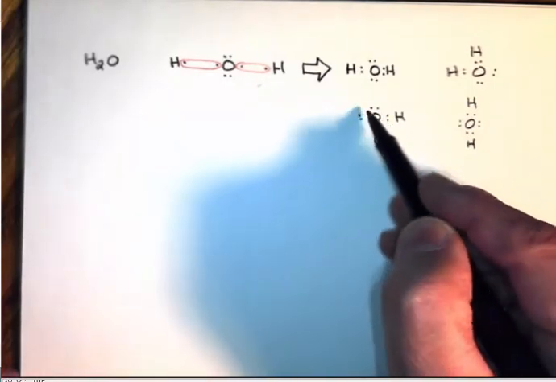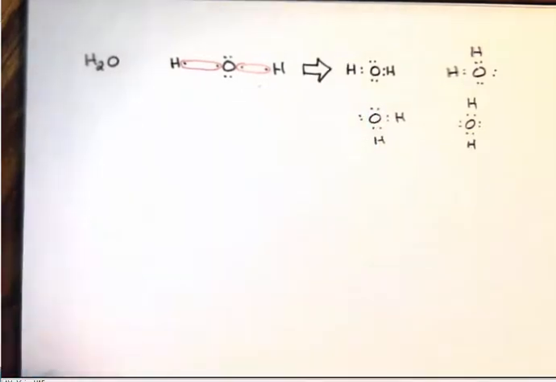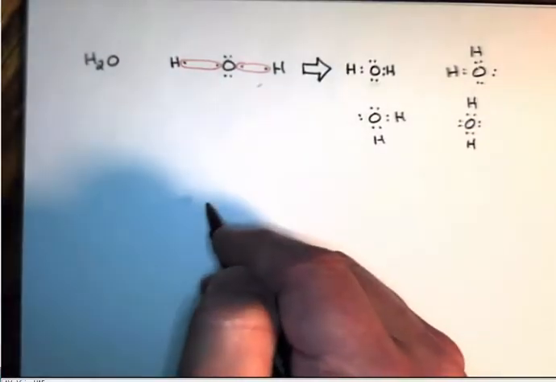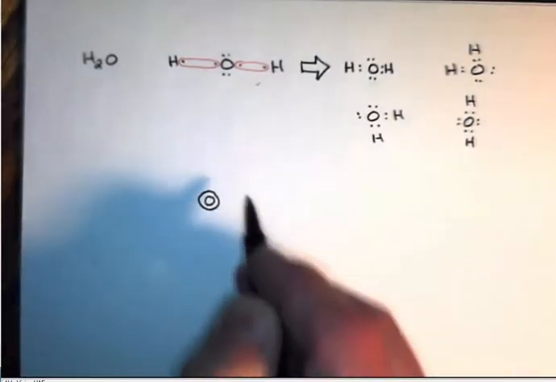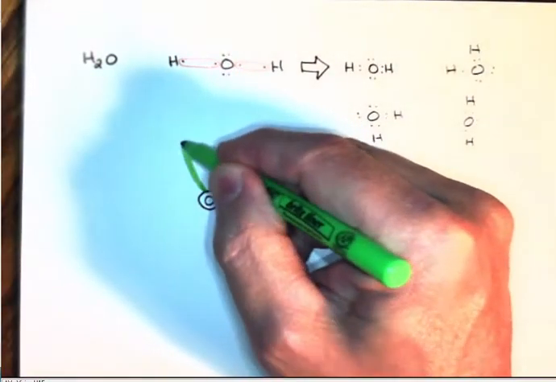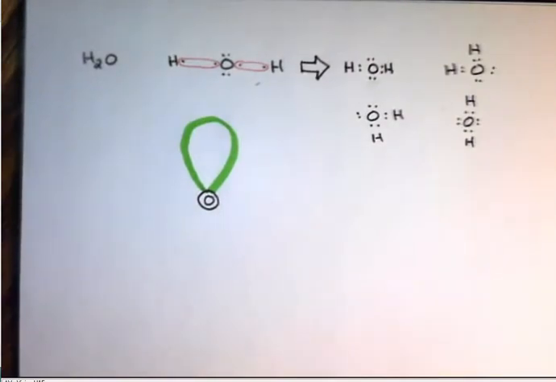And sigma bonds and lone pairs always come from hybridized orbitals. So I can look at this Lewis dot formula and see that I need 4 hybridized orbitals. And the only hybridization that gives us 4 hybridized orbitals is called sp3. So the shape of an sp3, if oxygen is the center of this atom, we have an sp3 hybridized orbital that goes up in that direction.